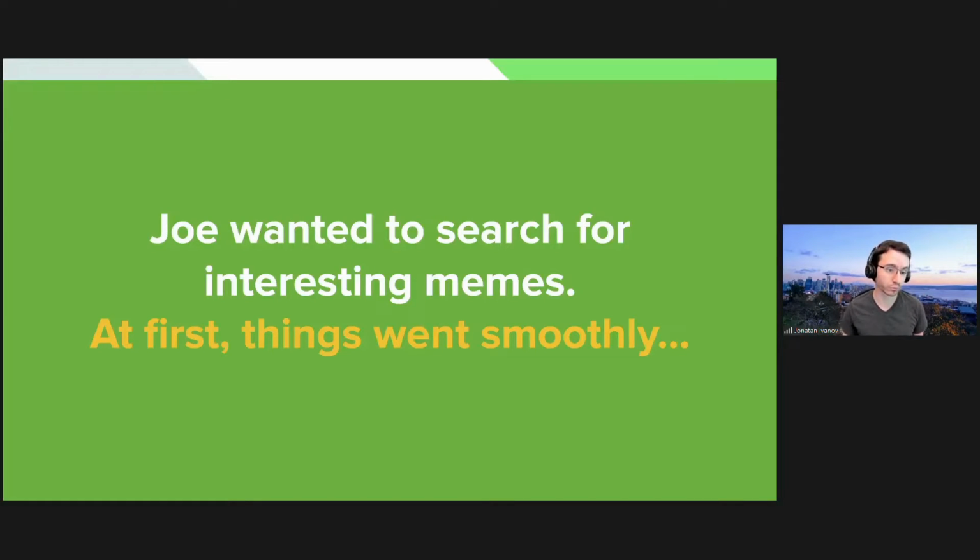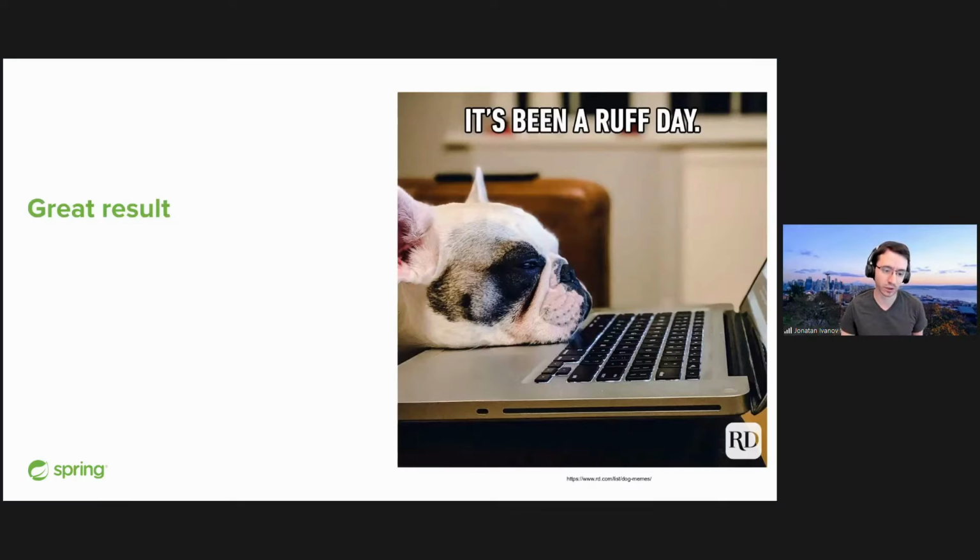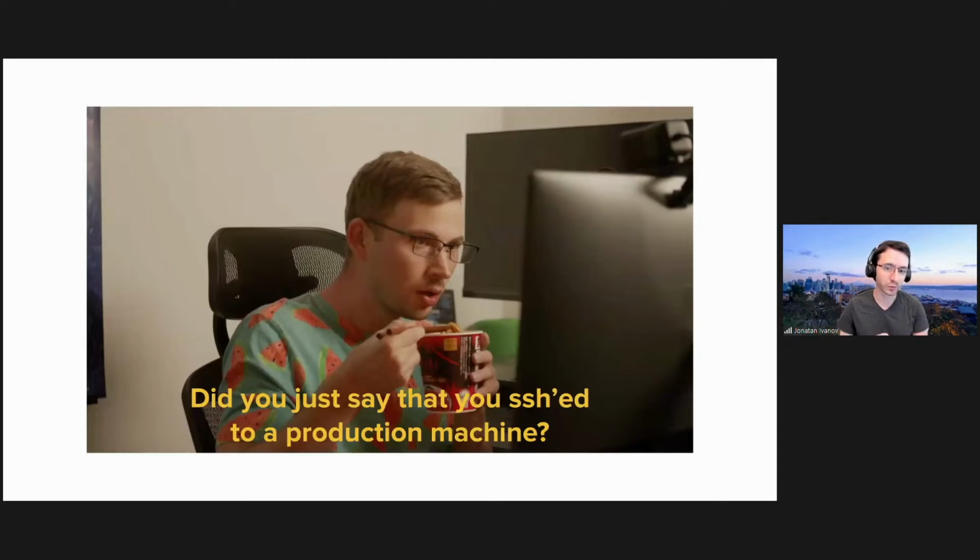So Joe wanted to search for some interesting memes here. And at first, things went quite smoothly. He was able to get great results. He was able to find an interesting meme he wanted, for example, this one. Or he was also able to find this one. If you watched our keynote today, you know what I'm talking about.